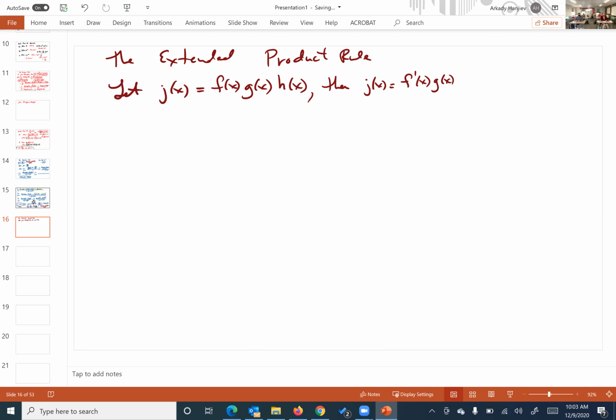So it's this one plus, and just to keep things in order, we keep the functions in order this time. We take the derivative of the second one plus, and then we just keep on going, give the first 2 functions the same, and then take the derivative of the third one, and you can see how this is gonna keep on going here. So if you had 4 things you're multiplying, we just keep the 3 functions the same and take the derivative of each one.